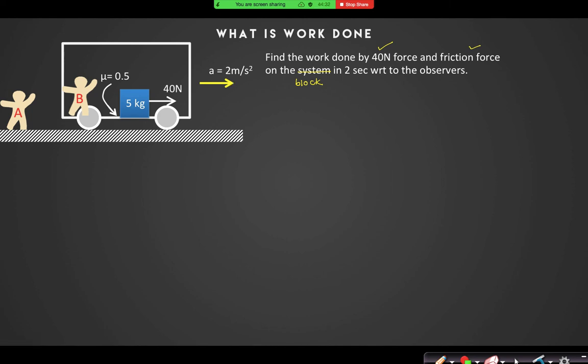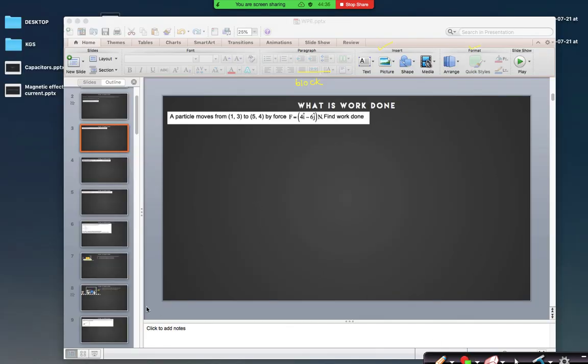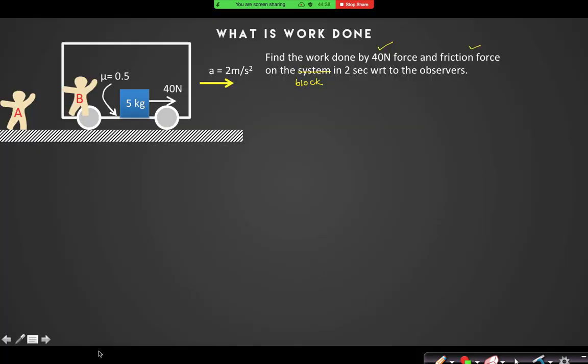Okay, so let us solve this question. First tell me, with respect to the car, what are the forces acting on the block?